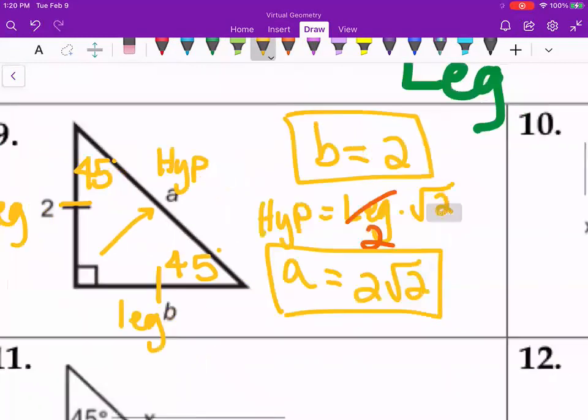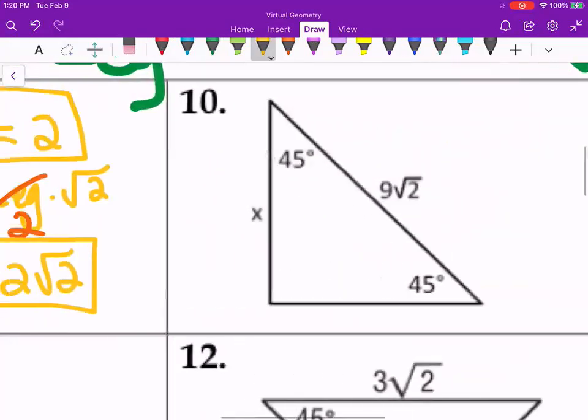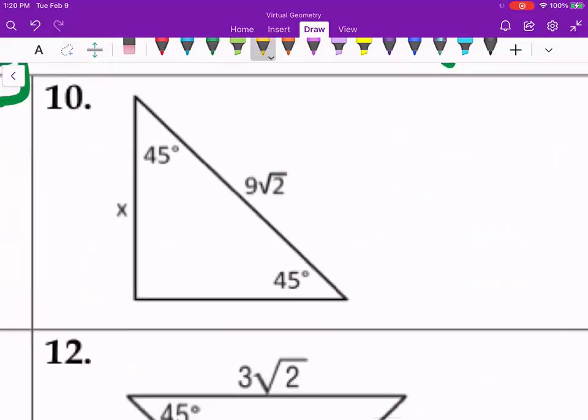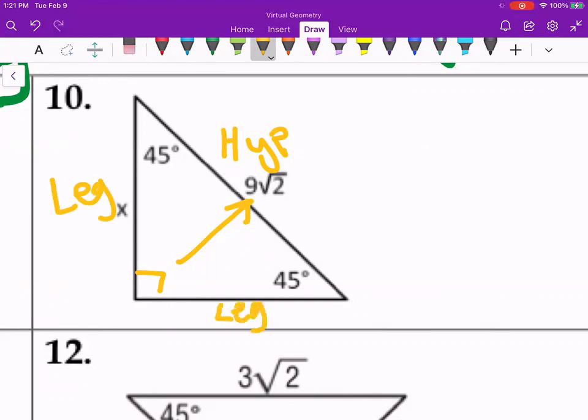Let's try another one with example 10. All right, so you've got your 45s. So my leftover has got to be the 90, making the 9 square root 2 my hypotenuse. The other two have got to be my congruent legs because they're across from the 45s. So again, if I need the leg, that is your hypotenuse divided by square root 2.